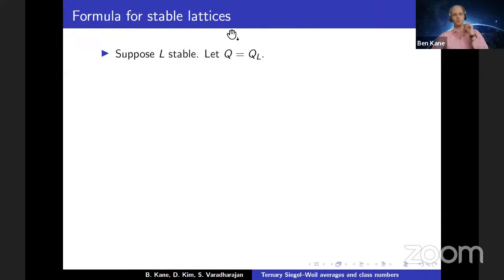Okay, so we're going to try to get one of these class number formulas like Gauss's, the way it was rewritten as a difference of two class numbers. And let's suppose we have a stable lattice, and we're going to take the quadratic form to be the quadratic form coming from that lattice, so Q sub L. And then we have something called the Hasse symbols, which take values plus or minus 1.